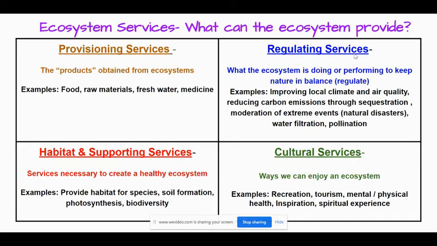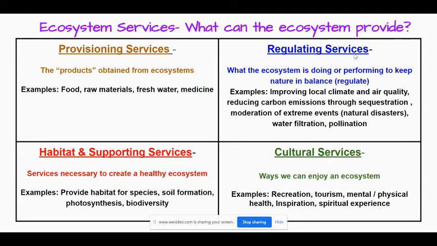Okay, we're going to hop over here to the bottom left, and we're going to look at habitat and supportive services. These are services that are necessary to create healthy ecosystems. What kinds of things need to be present in an ecosystem in order to support life and support that ecosystem? Things like having different types of both living and non-living things in this ecosystem to provide habitat for species.